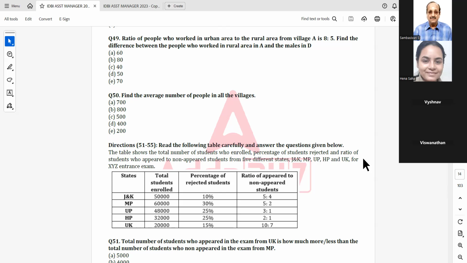Sir, last I did 8 by 13 into 780. Total number of people, how much is it in all the 4 villages? 500, sir. No. Total number of people in all the villages. Population, total population. 3,200.